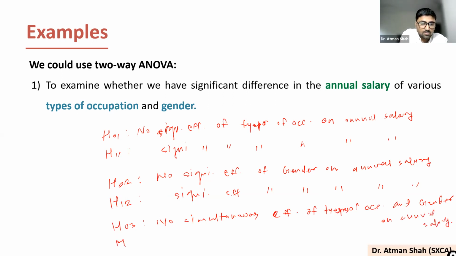And third alternative hypothesis, we have the simultaneous effect of gender and types of occupation on annual salary. So this is how we frame null and alternative hypothesis for two-way ANOVA. So we are examining these three sets of hypotheses when we perform two-way ANOVA.